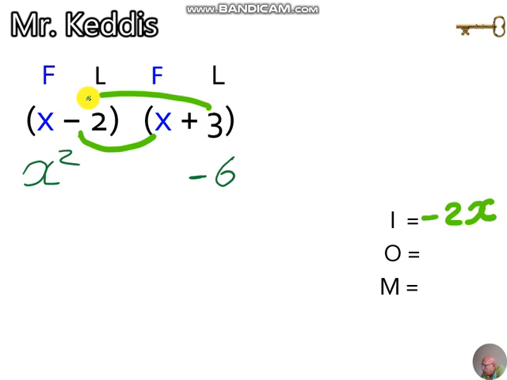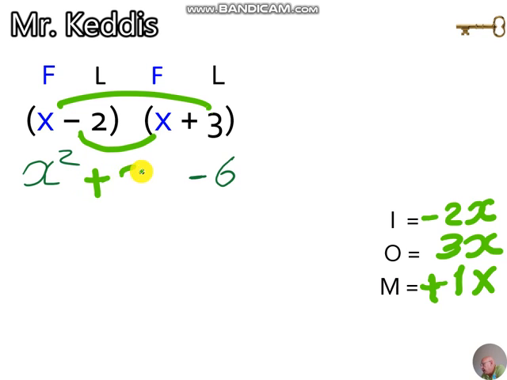The outer term, which is positive 3 times x, positive 3x. I have different signs here. I take the sign of the higher number. 3 is higher than 2. I take the sign in front of the 3, which is positive. Because I have different signs here, and this is addition, I subtract. 3 minus 2 is 1, which means 1x, or x, positive x. The middle term became positive 1x, or x is the same.